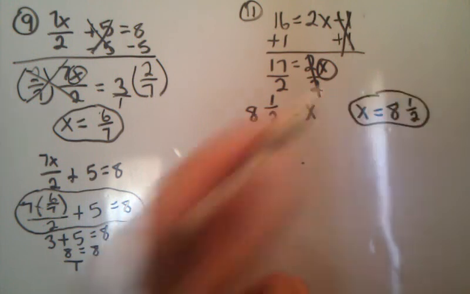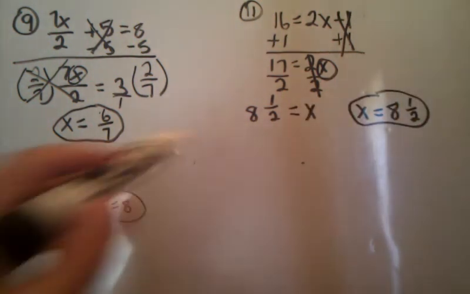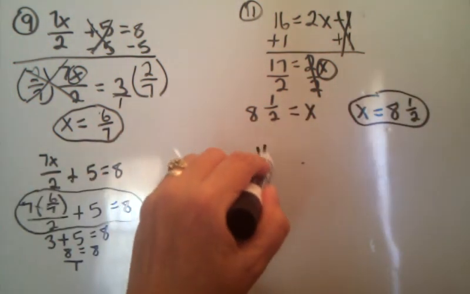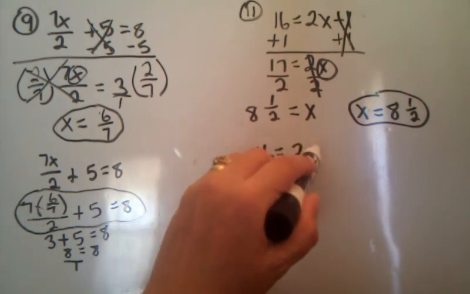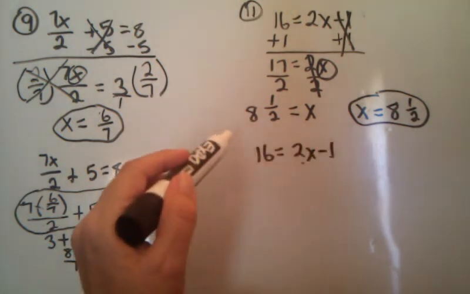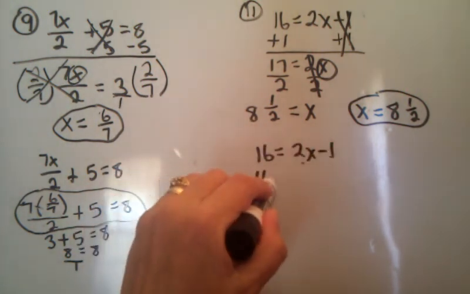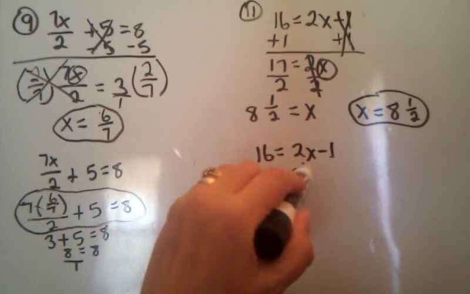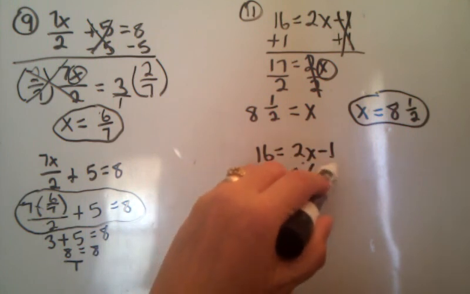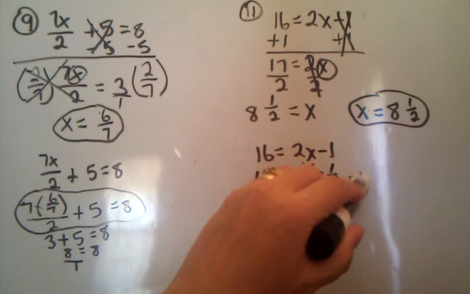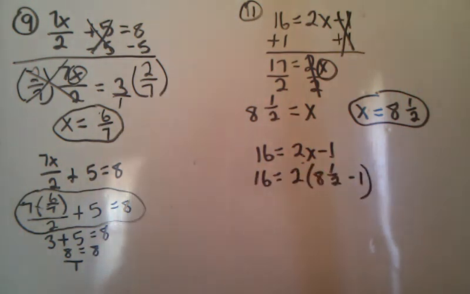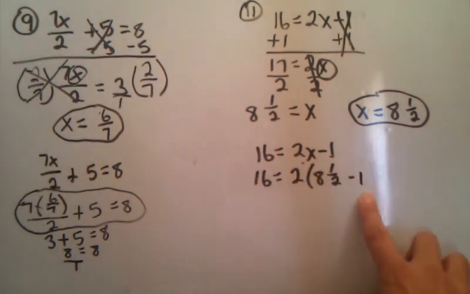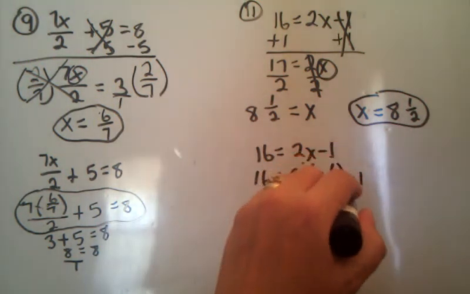Okay? Now let's check it. We go back to our original problem. We have 16 equals 2x minus 1. So we should have put x where the x is, which is 8.5 minus 1. Sorry, that doesn't go in parentheses.